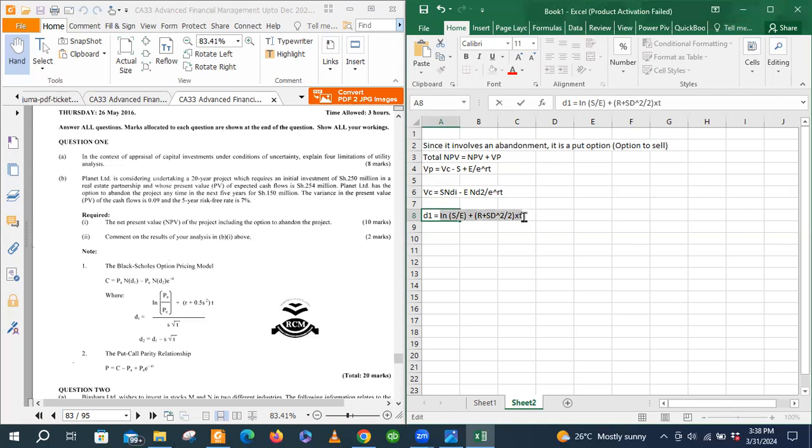And all these that I divide by standard deviation times square root of time. Sa square root inakuanga wapi hapa kwa keyboard?